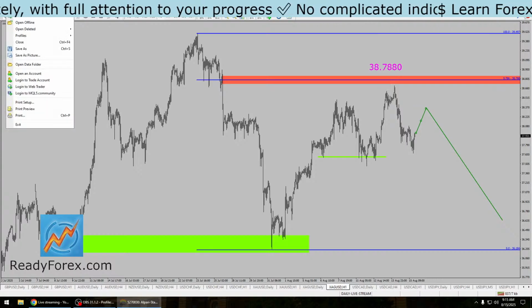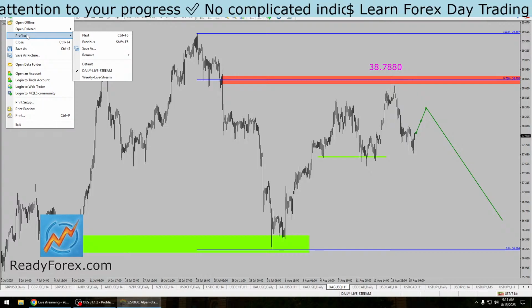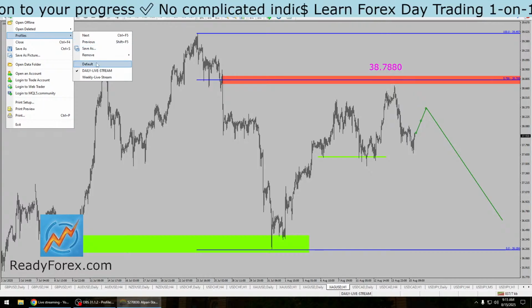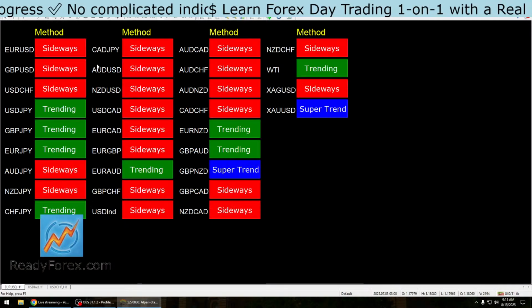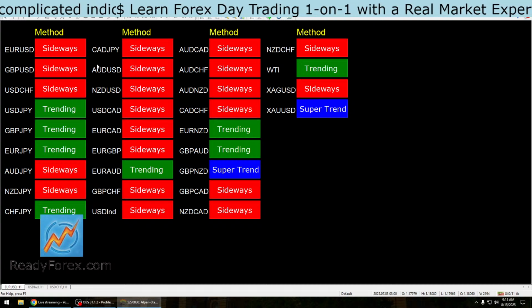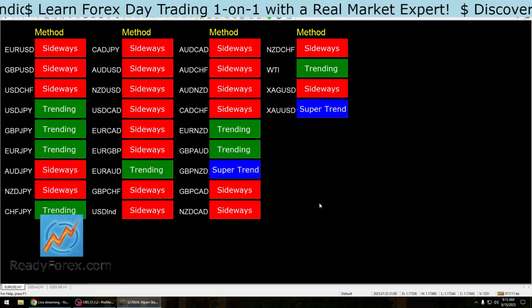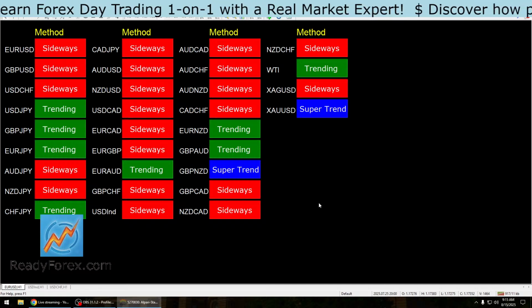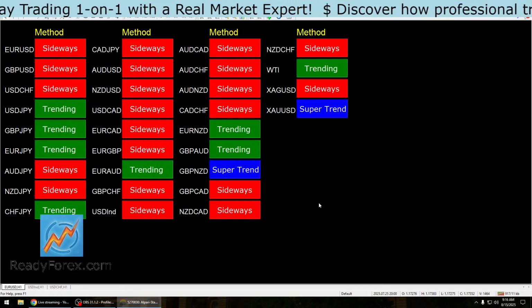Next, let's go back, check out the radar screen again and see what's going on. Okay, USDCAD, the preferred trading strategy would be sideways. EURUSD sideways.